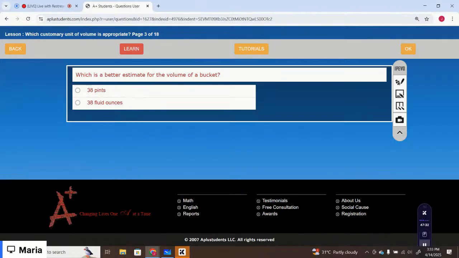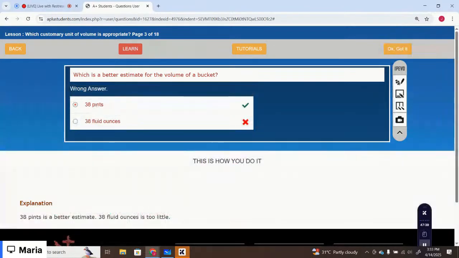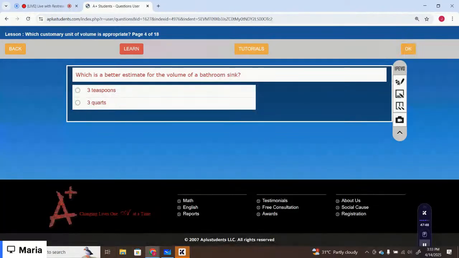The volume of the bucket must be 38 fluid ounces. Option number two is the correct option. Oh, fluid ounces is a smaller unit than pints. Sorry. So that must be 38 pints because that's a bucket. So a bucket has too much. So that must be pints.